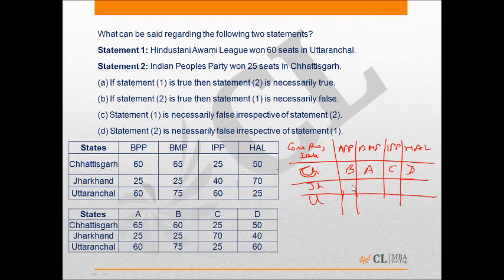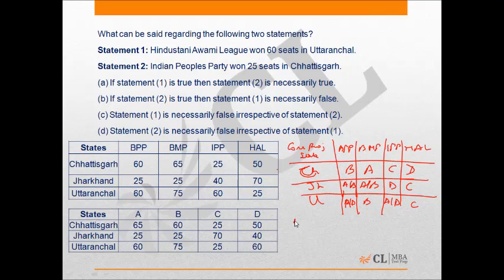Correct was in Jharkhand, then A would get 25, so BPP could be either of A or B. Similarly for BMP, A or B, whereas IPP has to be D and HAL has to be C. For Uttaranchal also something similar, BPP could be A or D, BMP has to be B, and IPP could be A or D, whereas HAL has to be C.